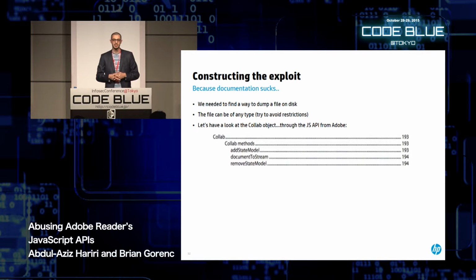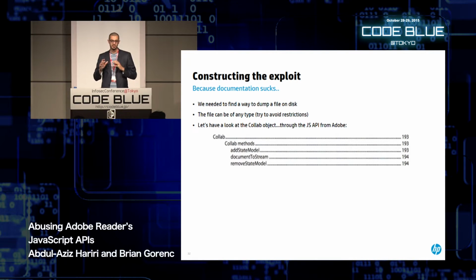So I went through the whole API documentation and searched for all the APIs that allow me to dump files on disk. I tried all of them, and I just failed, because these APIs are designed in a way that wouldn't allow you to dump files of certain types in certain directories. So they're really hardened.